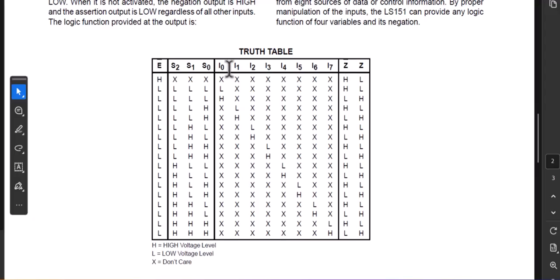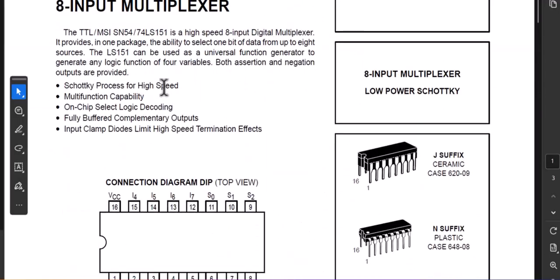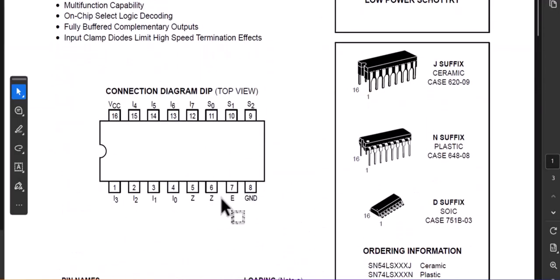So first of all, the enable needs to be low, so that's important. So pin 7 on your chip will have to be connected to ground as well as pin 8. Because if you don't do that, it is not going to work. So enable just activates the chip. The reason why you have it is because you can chain them together to make different chips and have them enabled or not enabled.